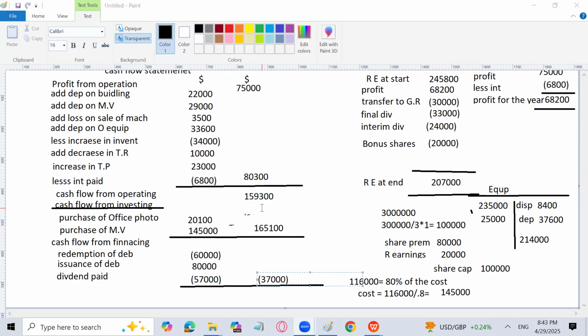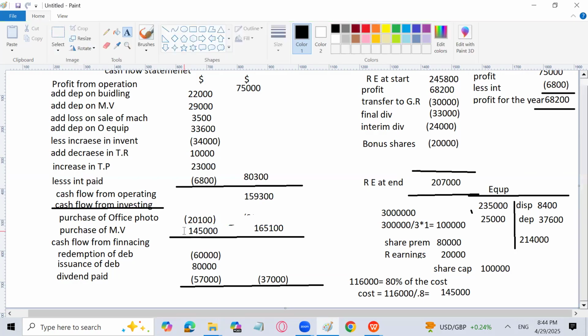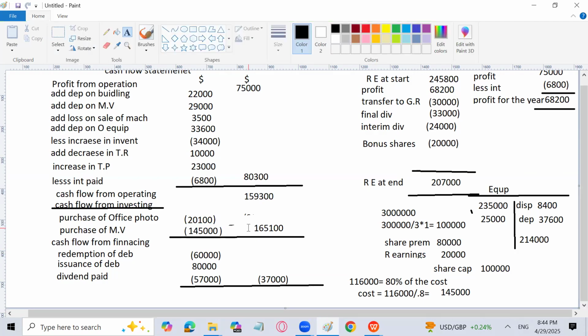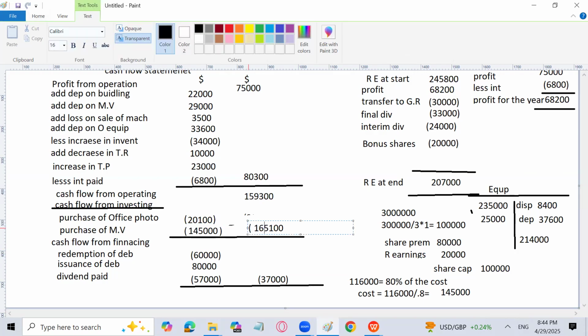How come? 1,650. Sorry, this is an outflow. This is a negative figure. This will also be an outflow because we have purchased the non-current asset. So it is going to be a negative figure. Here also 1,651.